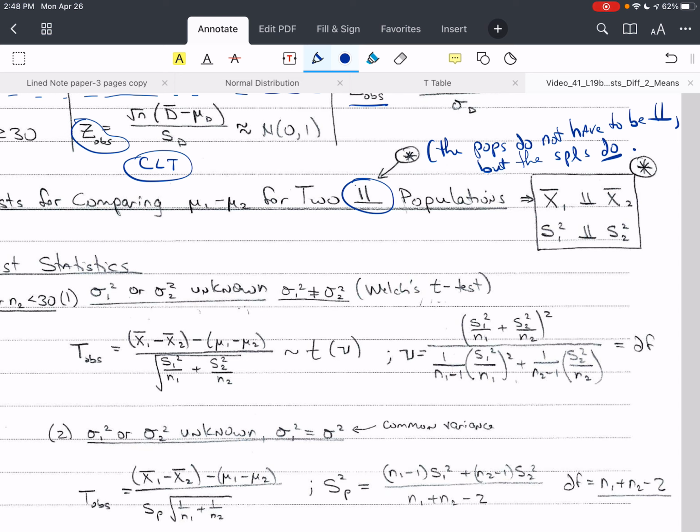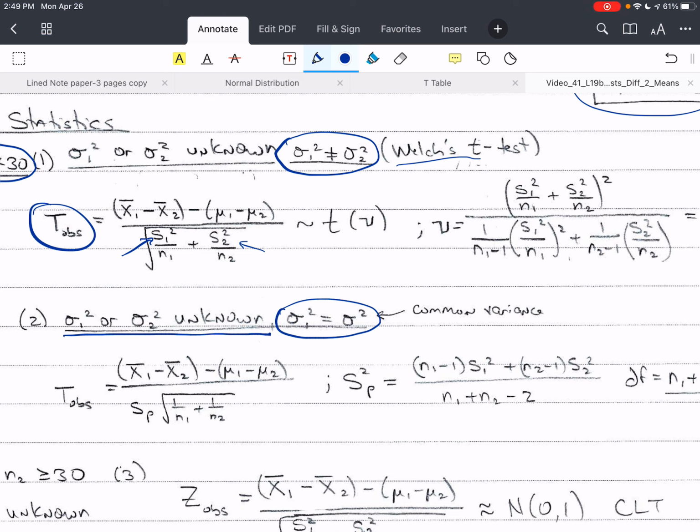Now, when at least one of the variances is unknown, but we can assume that they're equal, so if we don't know the variances, but we can assume that they're equal, then we use this formula where we use the pooled variance. So what we do is we pull out these sample variances and estimate the overall variance.